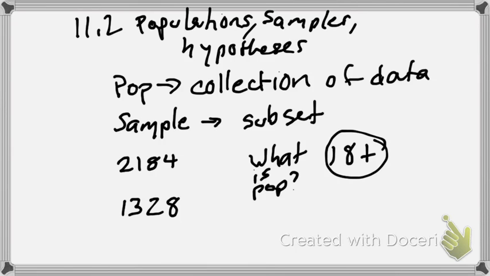So it wants to know what the sample size is. The sample size is the number of people that I asked, okay? So the sample size is 2,184. So really that 1,328 doesn't tell us anything for this question. It's not information that's helpful to us.